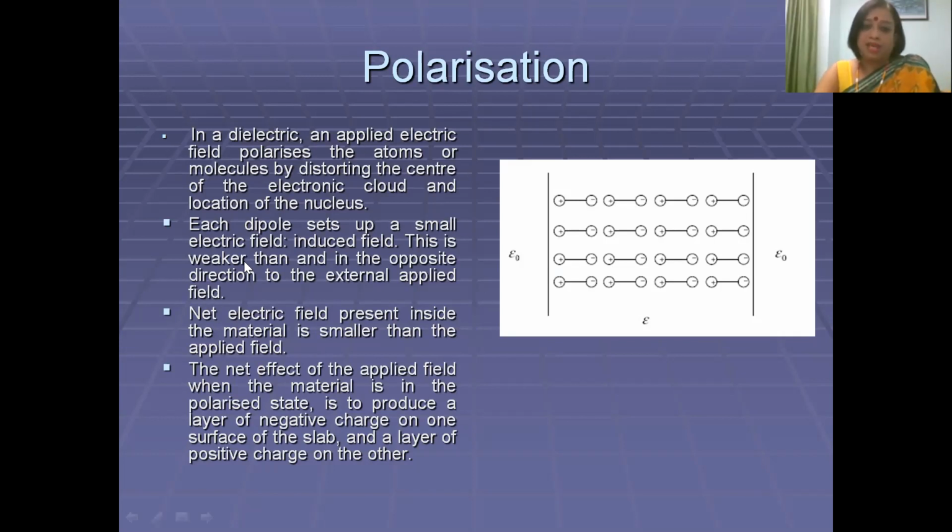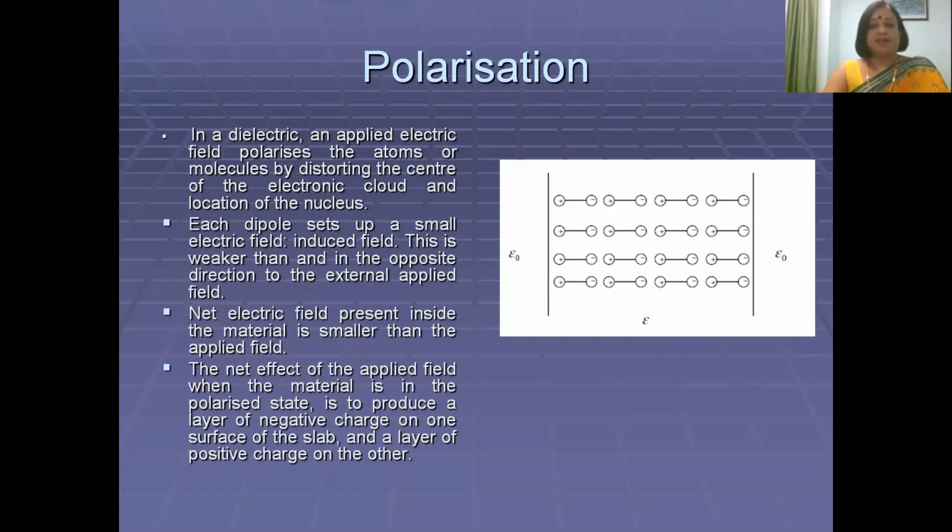So these dipoles will align themselves to the direction of the field. Now, if you look at this, this positive and this negative cancel each other locally. This positive and negative cancel each other. So you're left with a surfeit of positive charges near the negative electrode and a surfeit of negative charges near the positive electrode. So you can imagine that there is an induced electric field, which is in a direction opposite to the applied electric field.